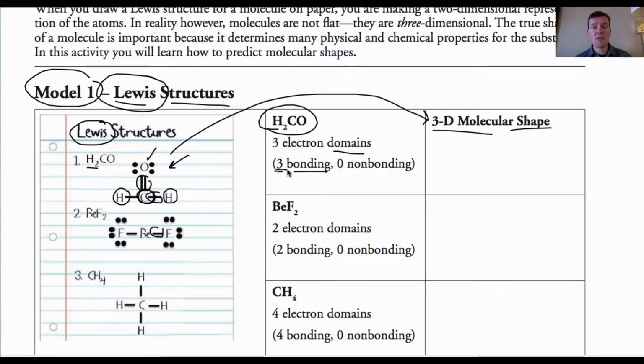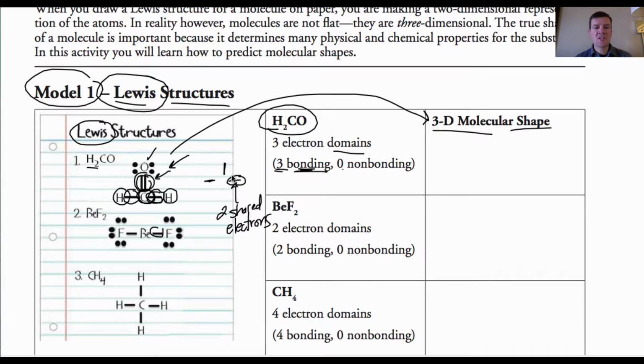So we have 3 bonding regions. 1, 2, 3, and as a result, these lines right here are telling us how many bonds there are. Each one of these is representing 2 shared electrons.